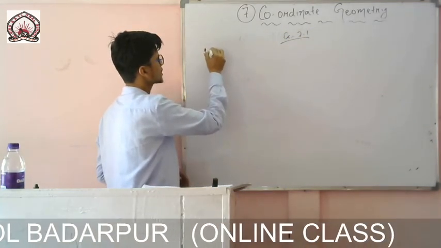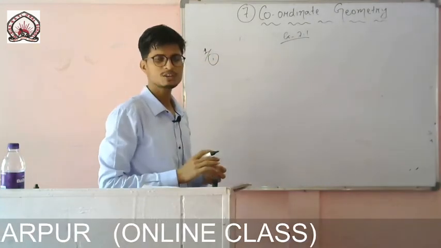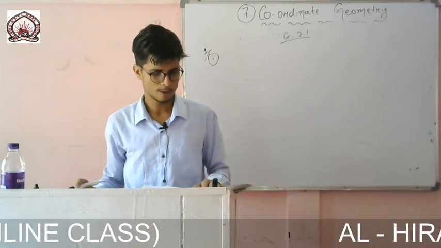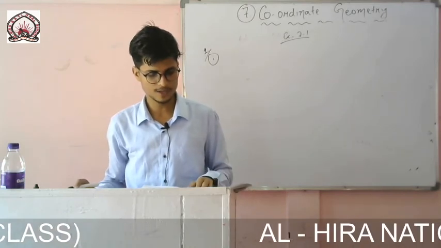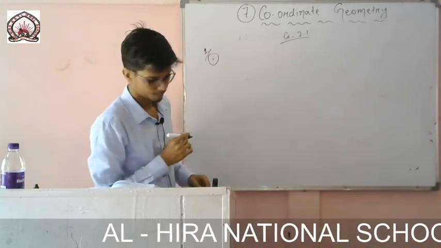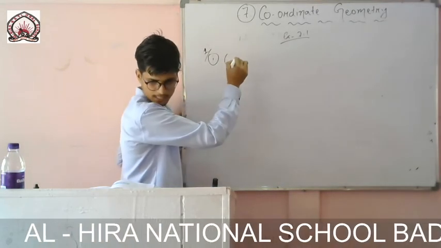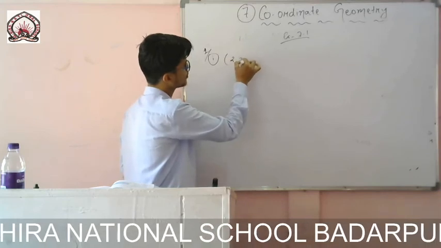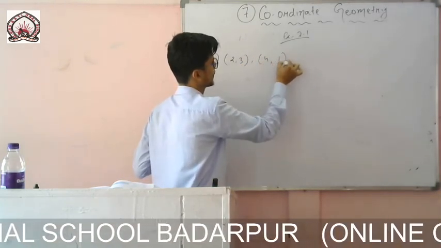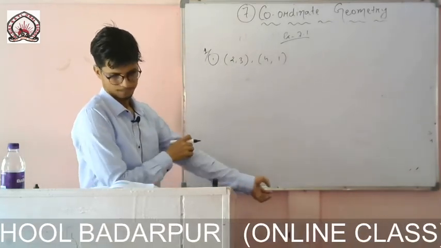First question, number 1, Roman number 1. The question is: find the distance between the following pair of points. So two points are given and you have to find the distance between them. The points are given: 2, 3 and 4, 1.